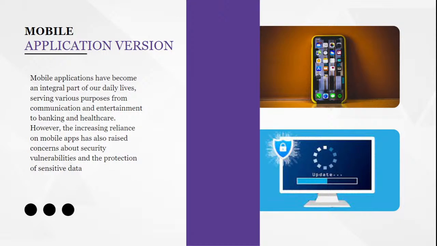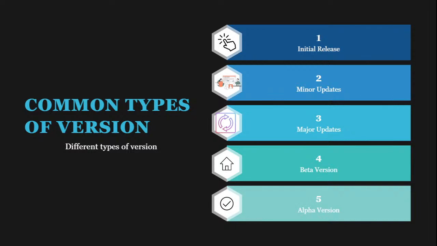So that's the reason there are different versions for mobile applications, and some of the common, or you can say different, version specifications are your initial release and your minor updates.